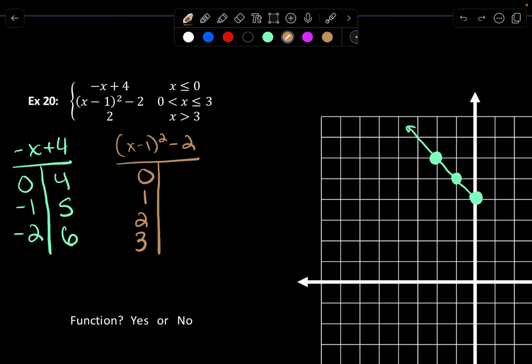If you plug in 0, you get -1 squared, which is going to be 1 minus 2, so we get -1. Plug in 1, we get 0, so -2. If we plug in 2, we get the same thing as 0, so we get -1. If we plug in 3, we get 3 minus 1, which is 2. And then 2 squared is 4. 4 minus 2 is 2.